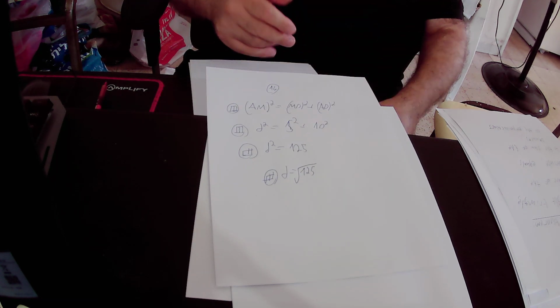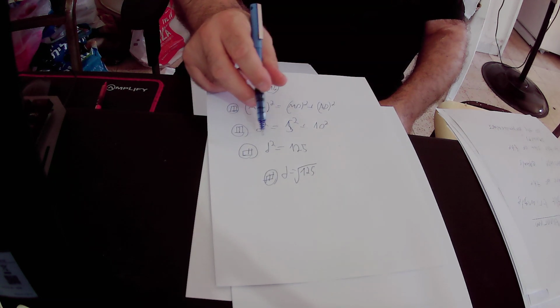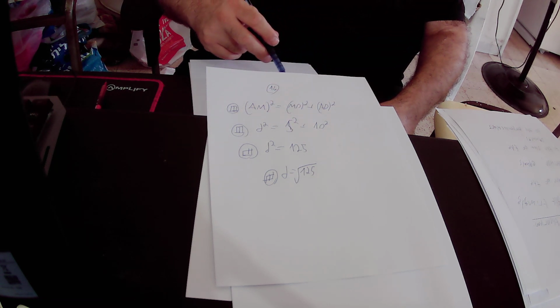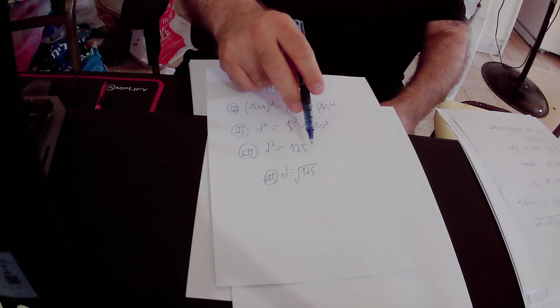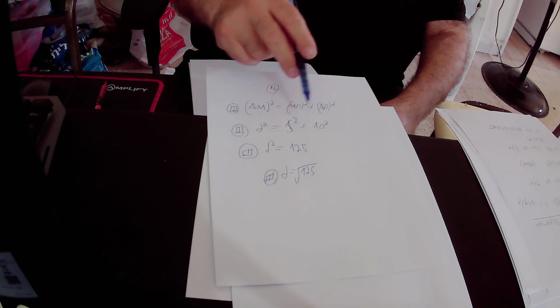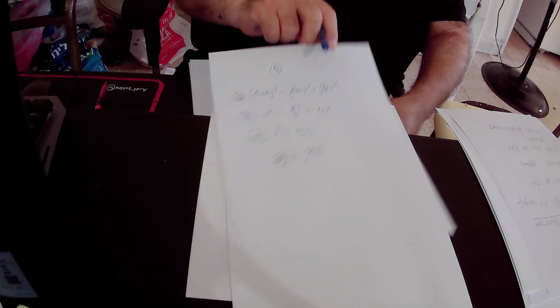Okay, we take a root out of equation number 3. We got that d equals root 125. 125 equals 5 times 25, or 25 times 5. So I write it down.